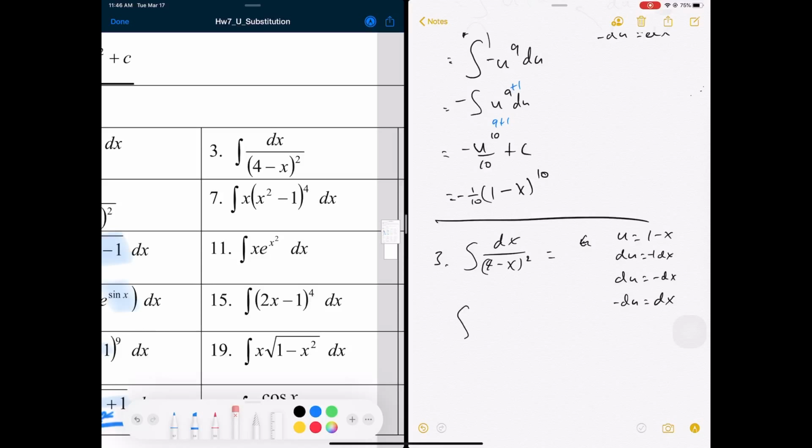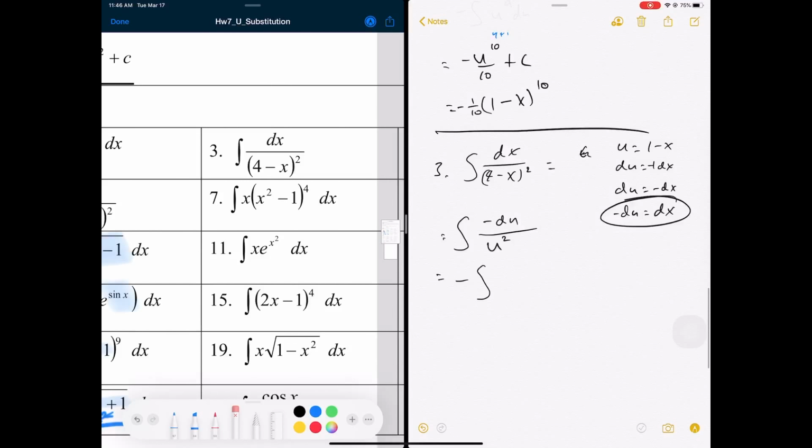Let's rewrite everything. The integral of negative du, because dx here was negative du, over u squared. The negative goes on the outside.